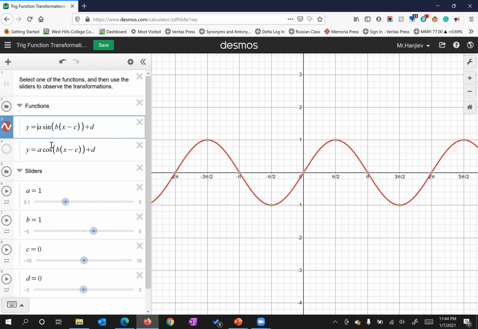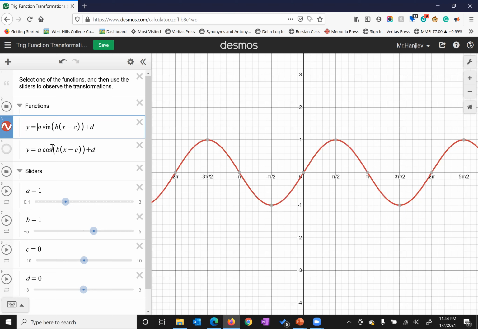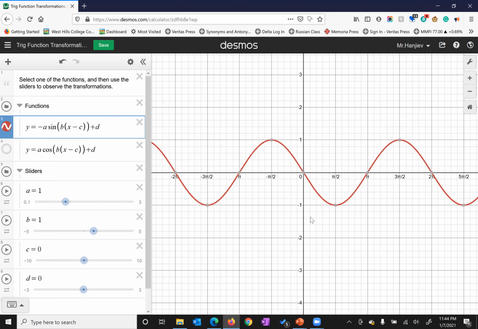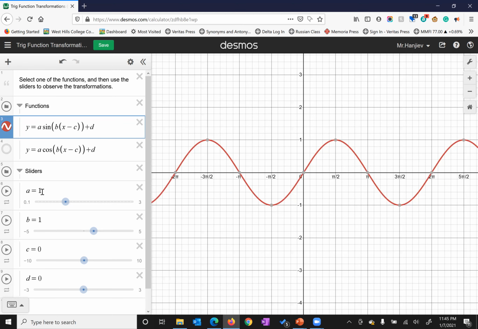I can negate this and put a little negative right there, and let's see what happens to this curve if I do that. There it is. It just went down. In fact, maybe even better to show it like this. Let me adjust this slider to -1. There it is.